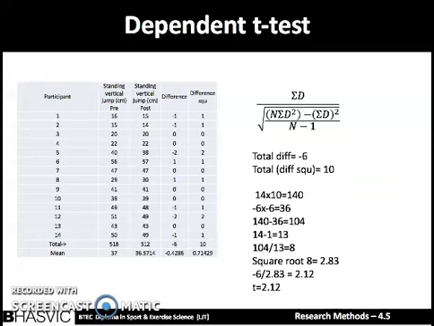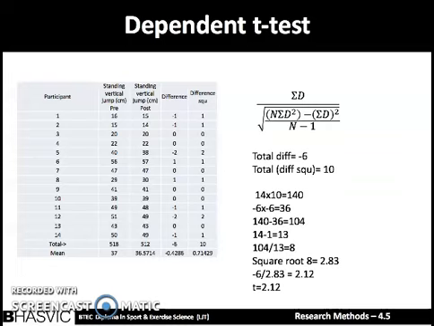So I'm going to start off by looking at the total difference. In this case, that was -6. So -6 would go at the top of the equation. You also look at the total of the difference squared, which was 10 as well.